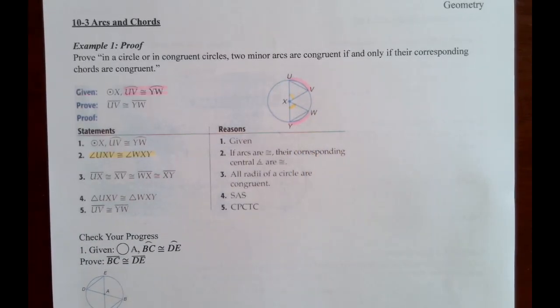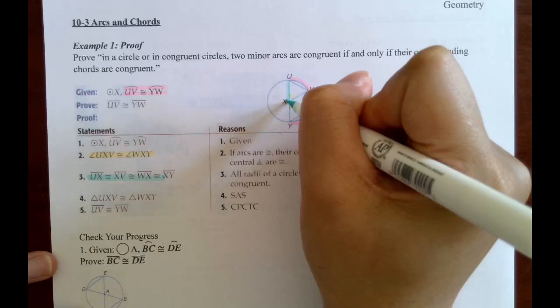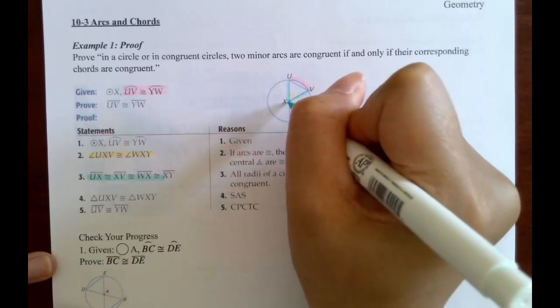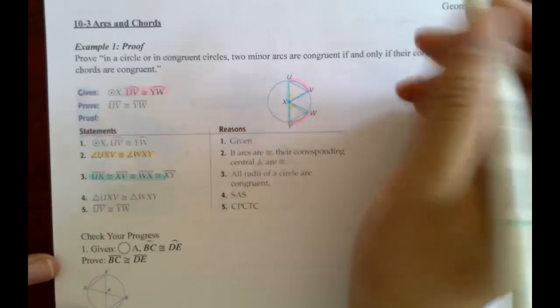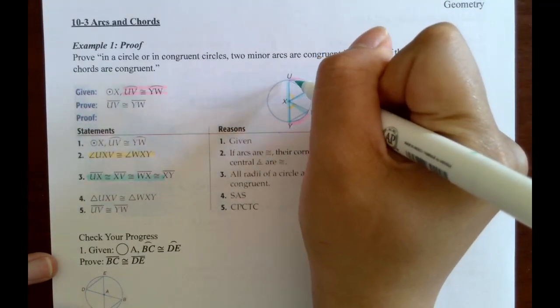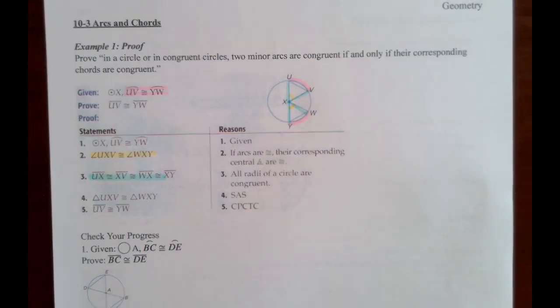Then the next part looks at UX, XV, XW or WX, and XY. If we notice, all of these go to the center of the circle, and so that makes them radii. That's the definition of radius, and we know that all radii of a circle are congruent.